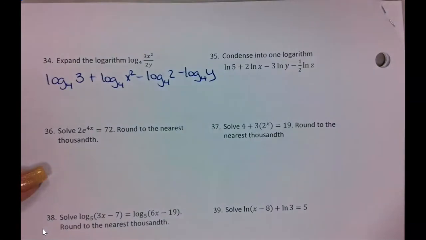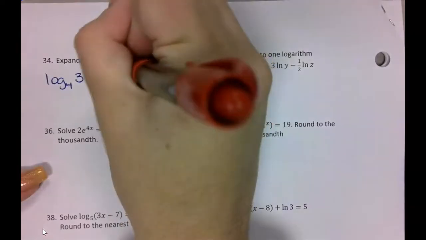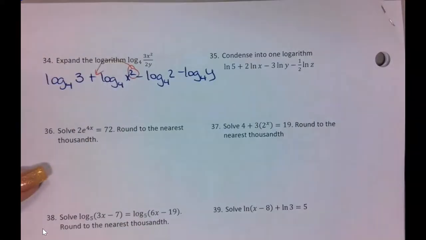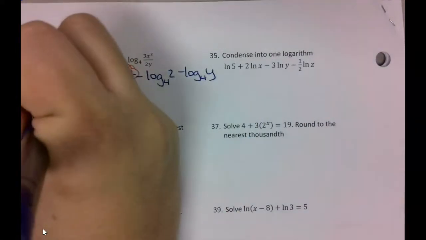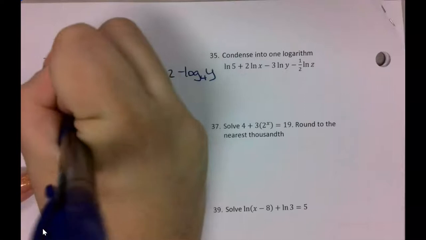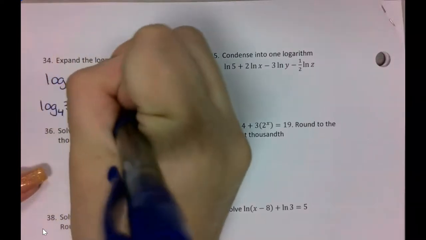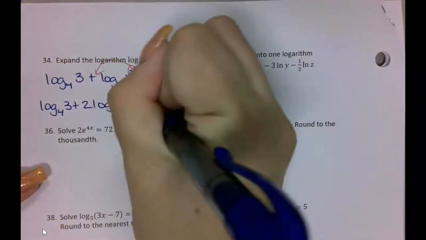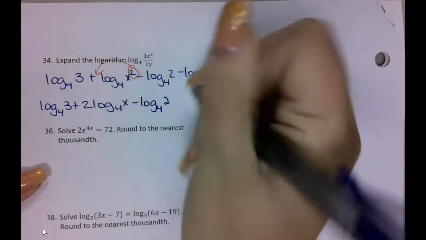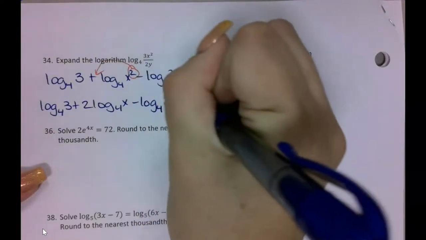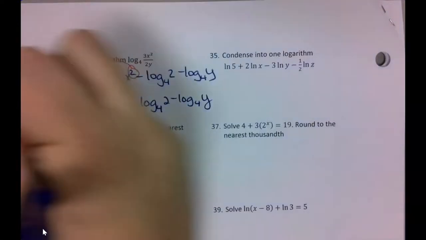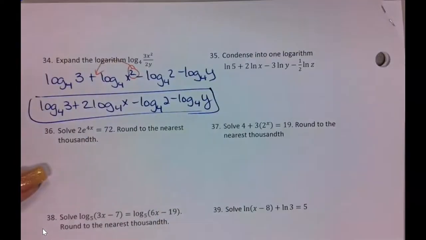Again, both of those were on the bottom, so they both got minuses. Then I just need to take a look and make sure I don't still have exponents. I do, so I need to pull that out front. I have log base 4 of 3 plus 2 log base 4 of x minus log base 4 of 2 minus log base 4 of y. And that is my final answer.